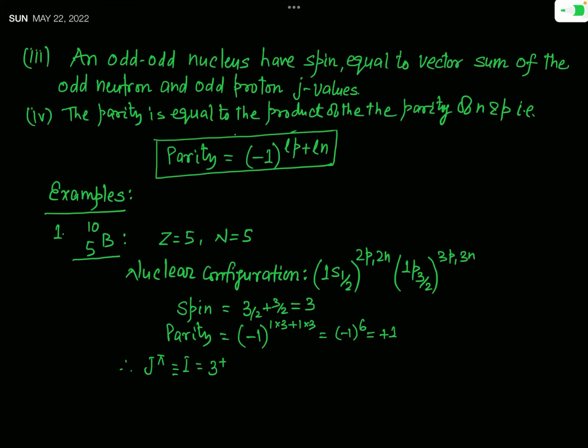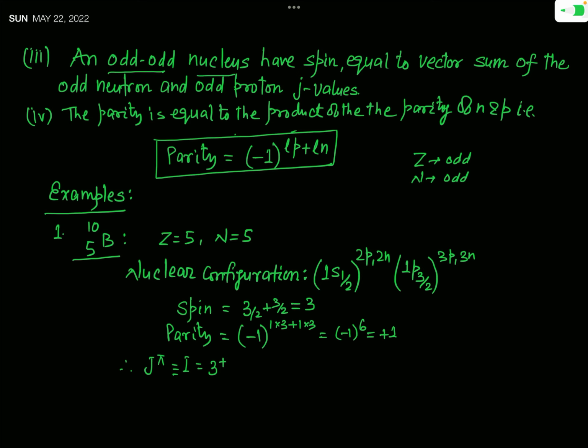Now we will consider an odd nucleus. When you say odd nucleus, it means Z is an odd number and the number of neutrons N is also odd. Such nuclei are called odd nuclei. If the nucleus is odd, how do we find the angular momentum or the spin? You can see this rule.